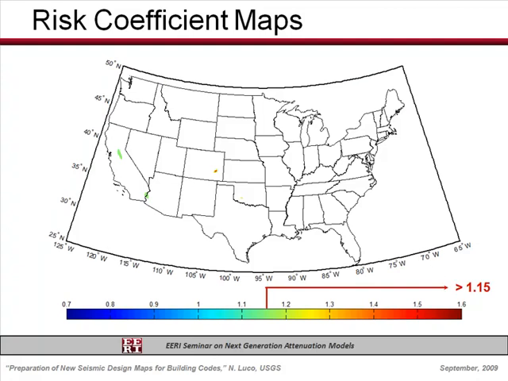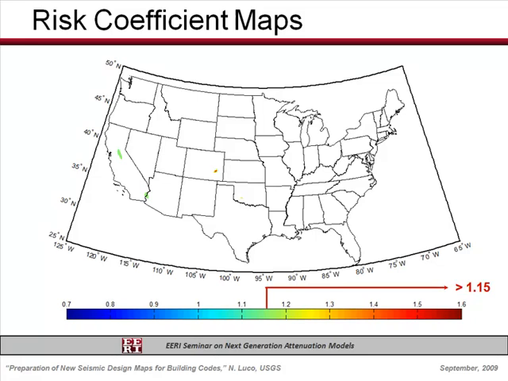And then I'll show in the next map the locations where the risk coefficient is greater than 1.15. So there's only a few very small locations. It happens to be Sacramento, and then this area around Colorado where the design ground motions are really low anyway. So it's maybe a big factor on a small number.